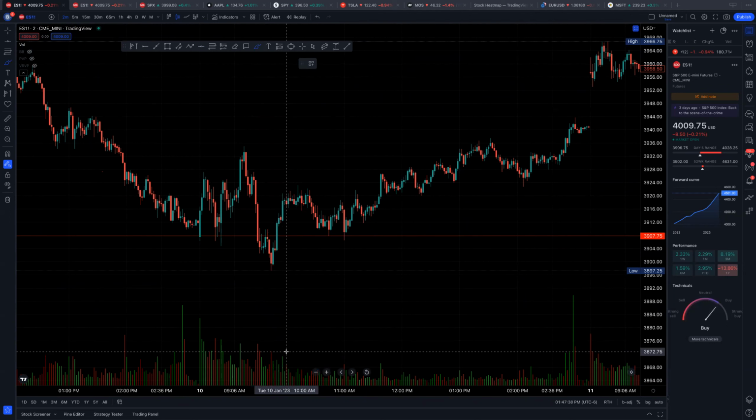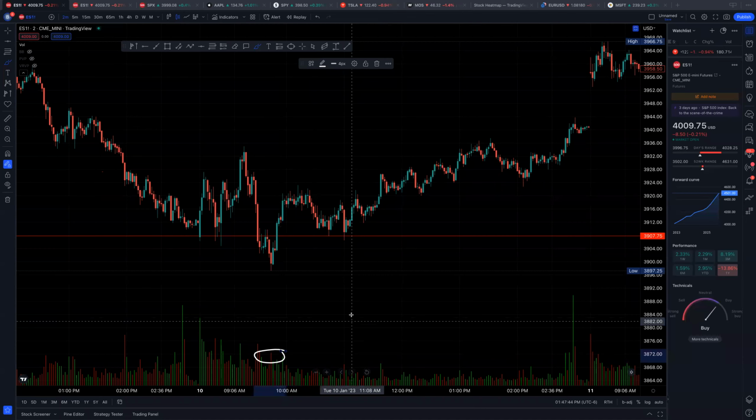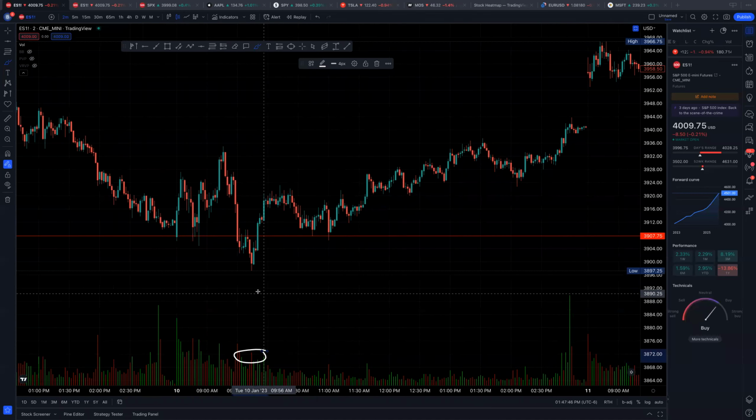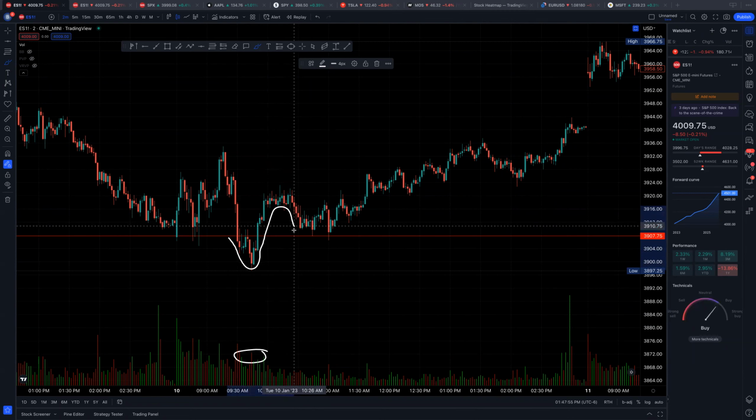You can see how on this drop down here, we had some pretty good volume pickup. So the volume picked up, the sellers were shaken out here. We go up, we come down again, and this confirms the structure right here.